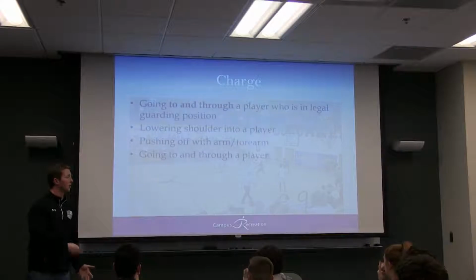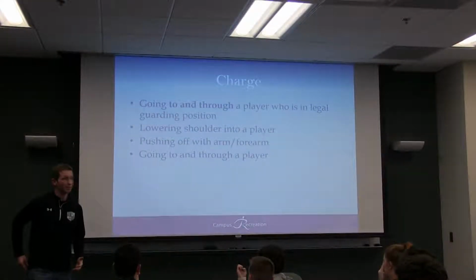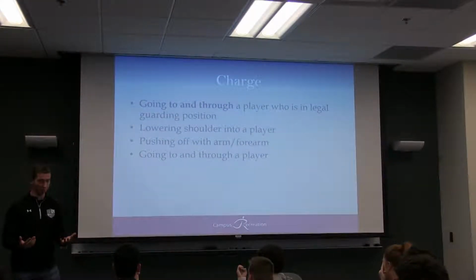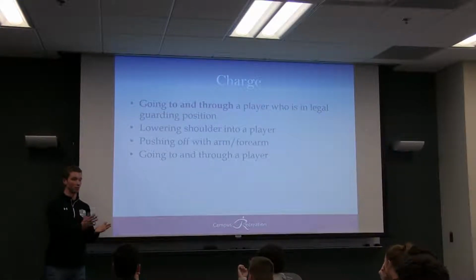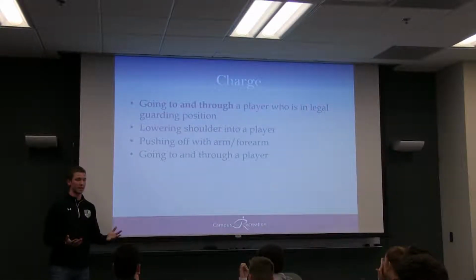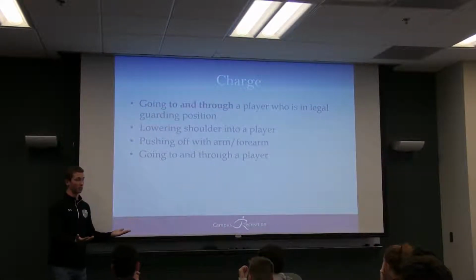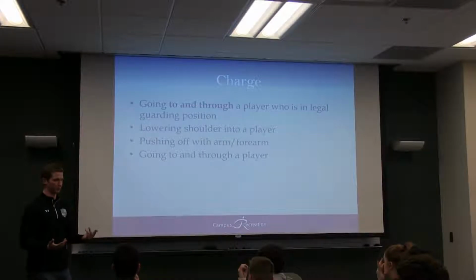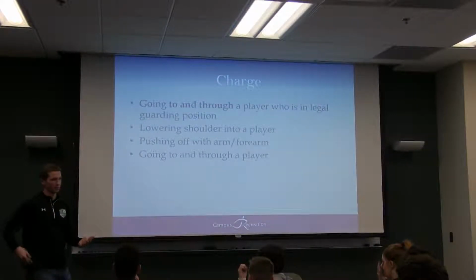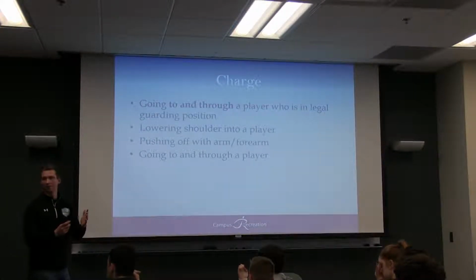Because if someone is legal, then they're probably set, legally in front of someone, so they're likely laying on top of each other. Now, if they get there late, then they're going to fall apart. So if you see that contact and they fall apart, then it's a block. Usually. There are some situations where it's not going to work out like that, like if the defender slides under an airborne shooter.